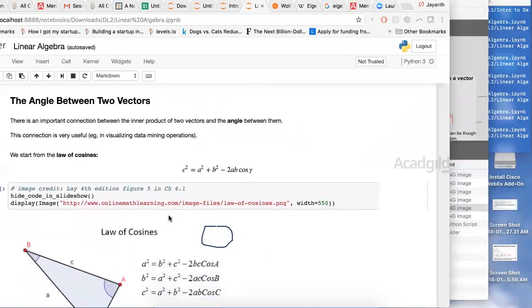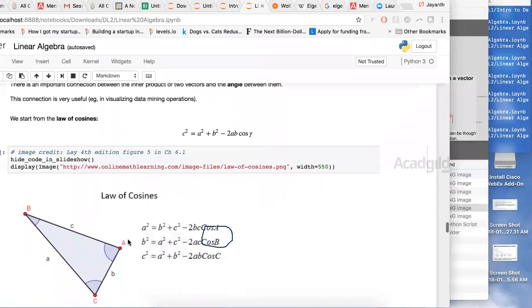So the angle between two vectors is also important. The angle between two vectors is called theta. So here this could be theta. And what that means is, if I want to find out the angle between A and B, I have this formula.